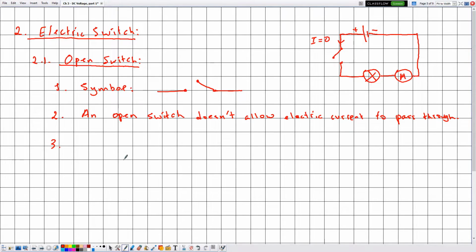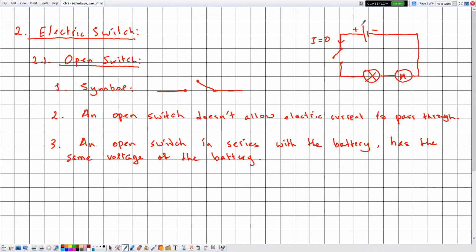Now idea number 3, an open switch in series with the battery has the same voltage of the battery.